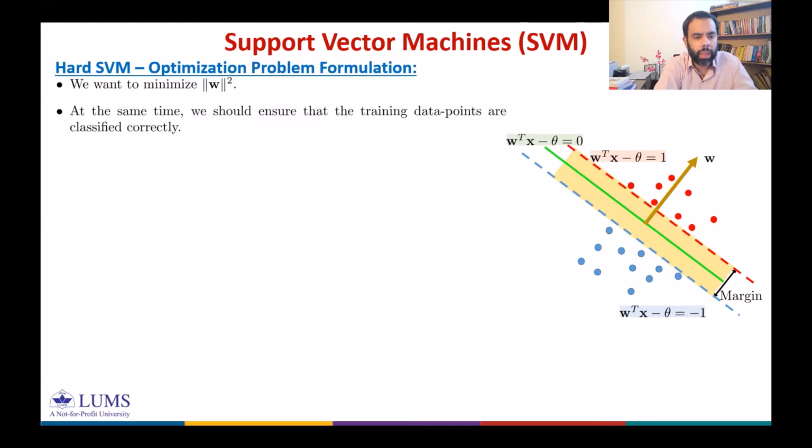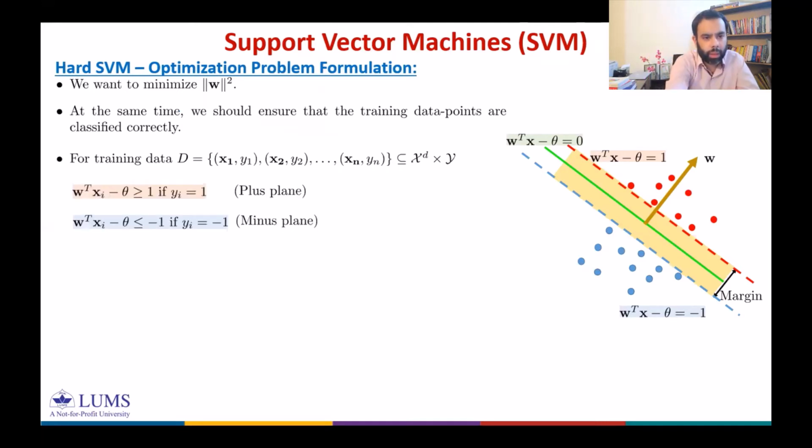We want to minimize square of Euclidean norm of W. At the same time, we do not want any misclassification. We require all the points to be classified correctly, right? It simply means we require every point xi for which the label is 1 to be on the right side of the plus plane, and we require every point xi for which label is -1 to be on the left side of the minus plane.